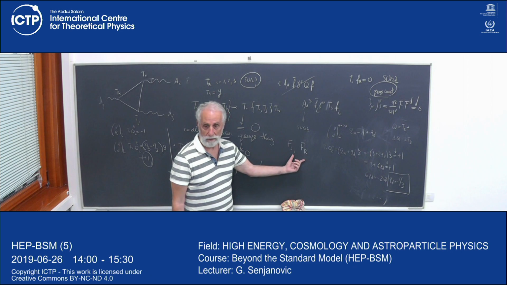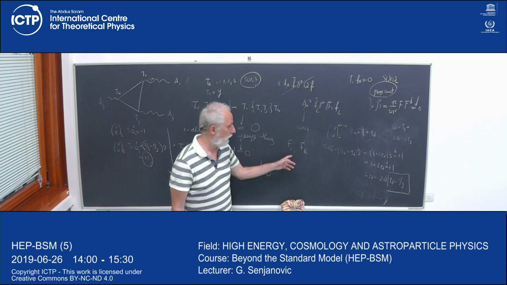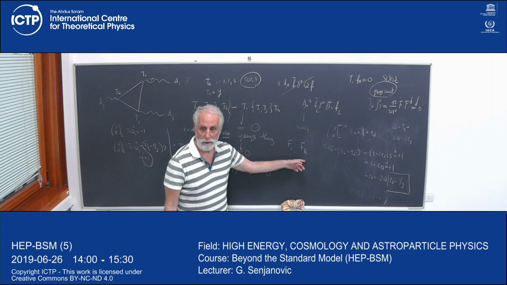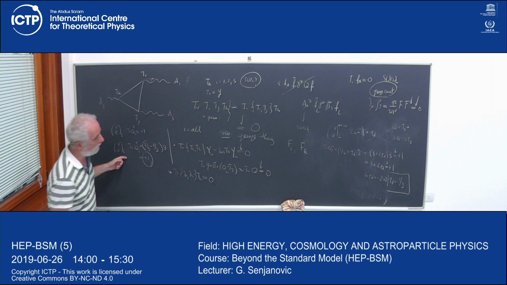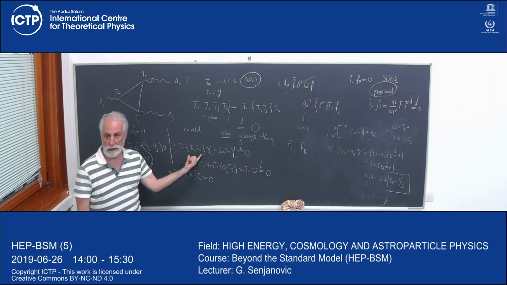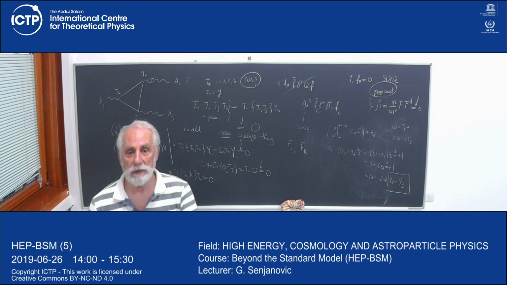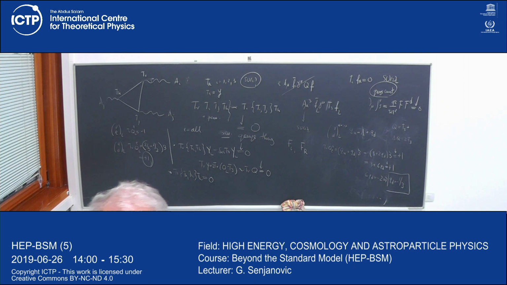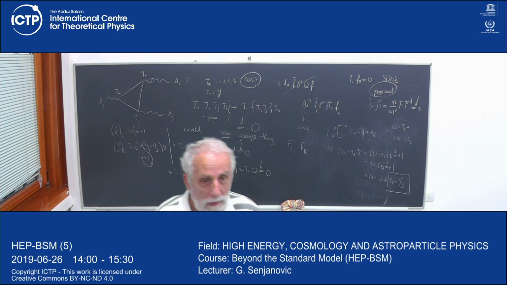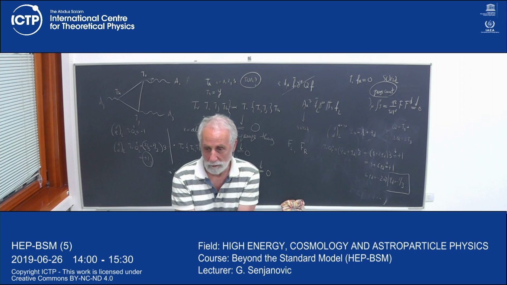Notice it's a singlet, both left and right, and the charge of this guy can be epsilon, because the anomaly will cancel between left and right. Here, it cannot cancel between left and right, because only left will have this TATB. So remember, if there is no difference between left and right, then of course there is no anomaly. So in order to have an anomaly, you need a difference between left and right.